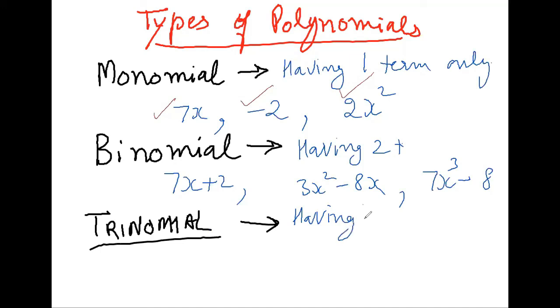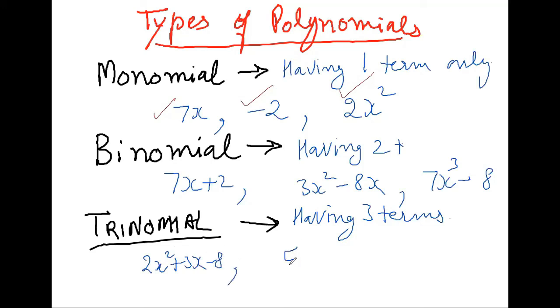Write down faster. Suppose 2x² plus 3x minus 8, this is a trinomial.